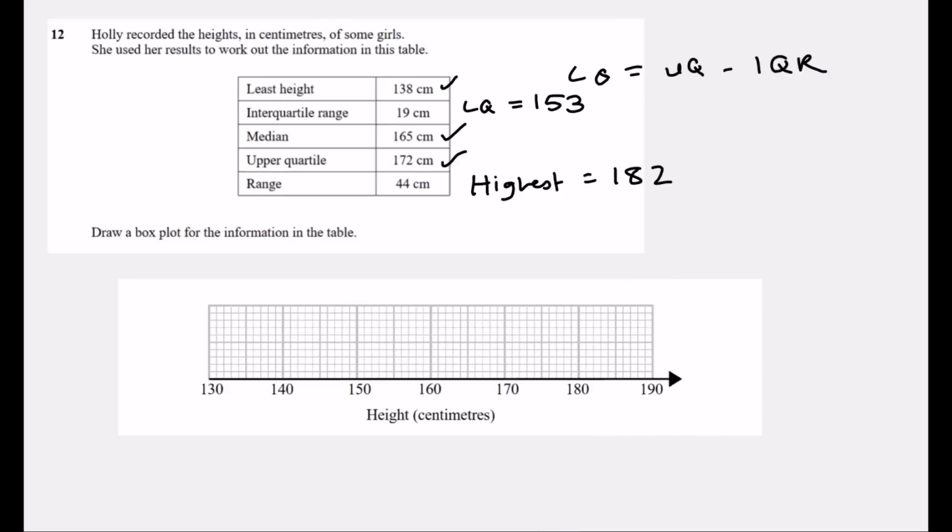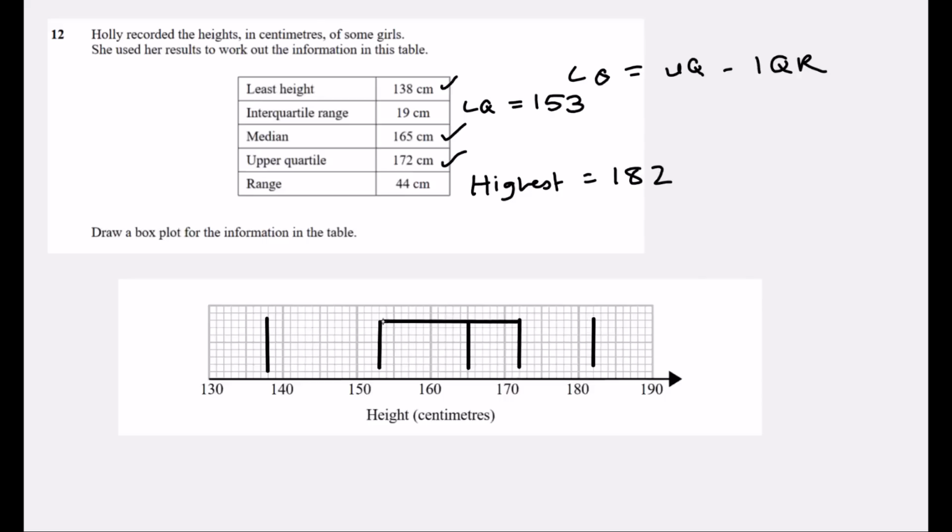So now we're just going to draw the lines on. So 138, 153, 165, 172, 182.